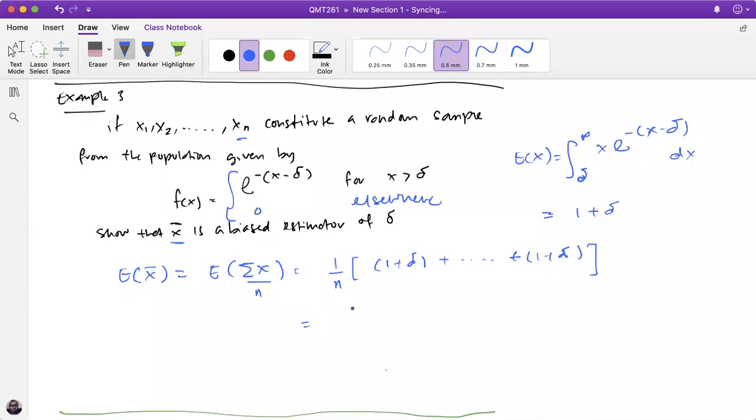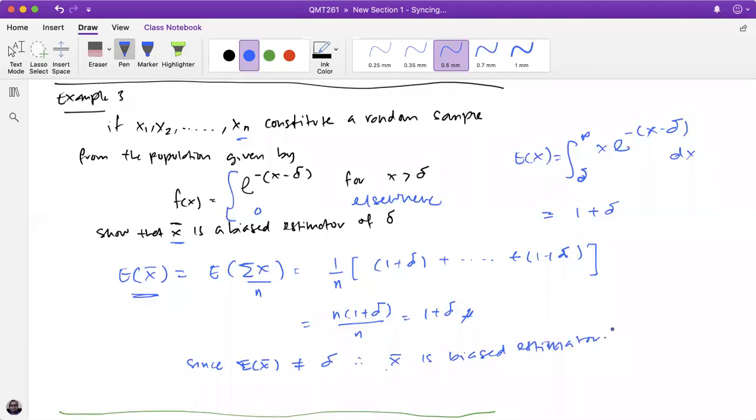It is going to be n times 1 plus delta divided by n, which equals 1 plus delta. So since the expected value of x bar is not equal to delta, we can say that x bar is a biased estimator.